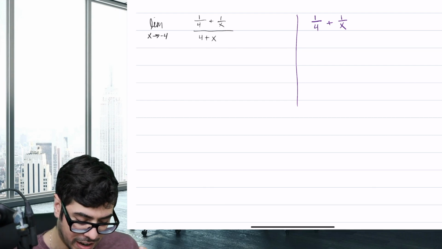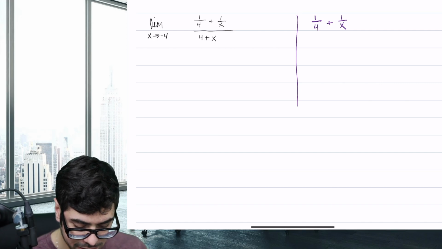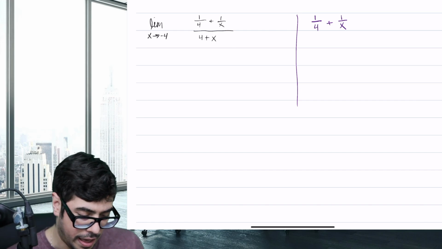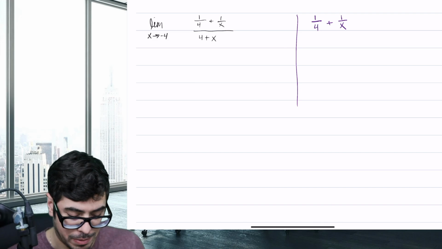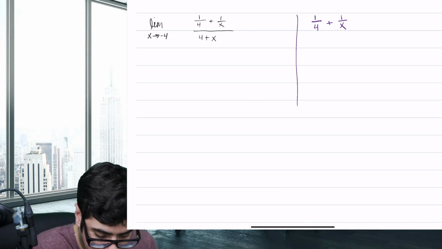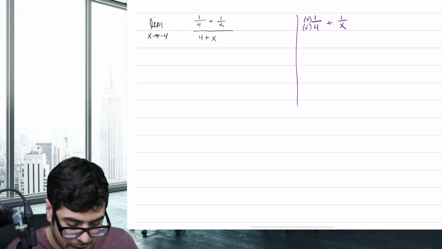We have to find a like denominator, and the easiest way to do it is to look at the denominator of both fractions and ask what one has that the other doesn't, and then multiply by that quantity. The 1/4 doesn't have an x, so I'm going to multiply by x over x, both top and bottom.